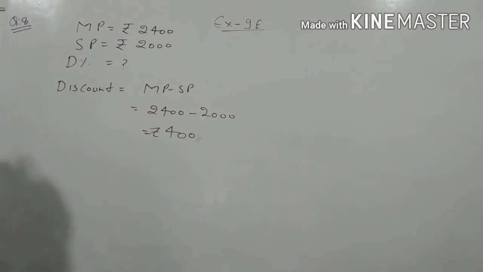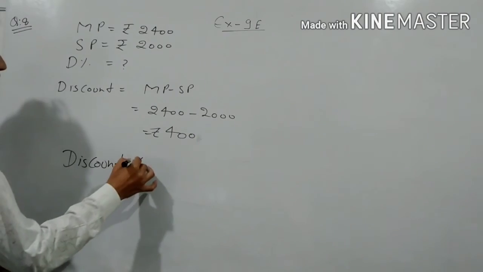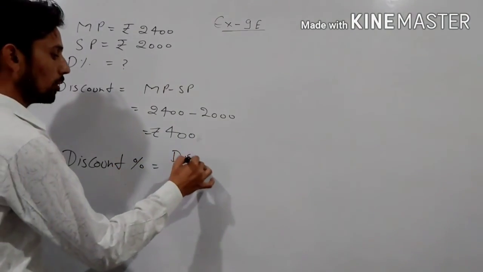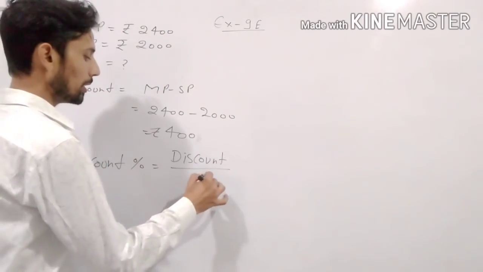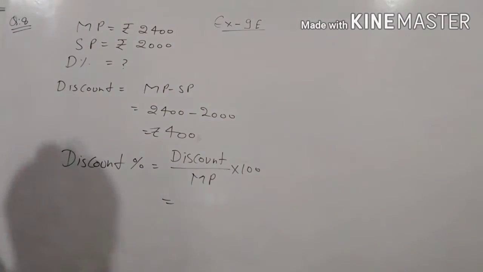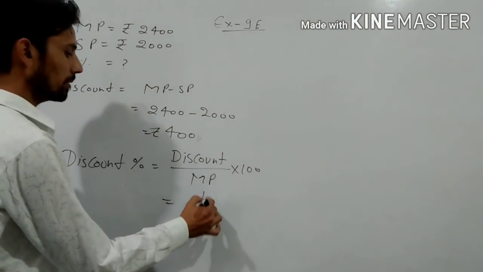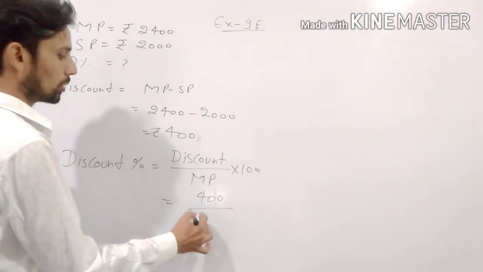Now discount percent is equal to discount upon MP into 100. So discount is 400 and MP is 2400.